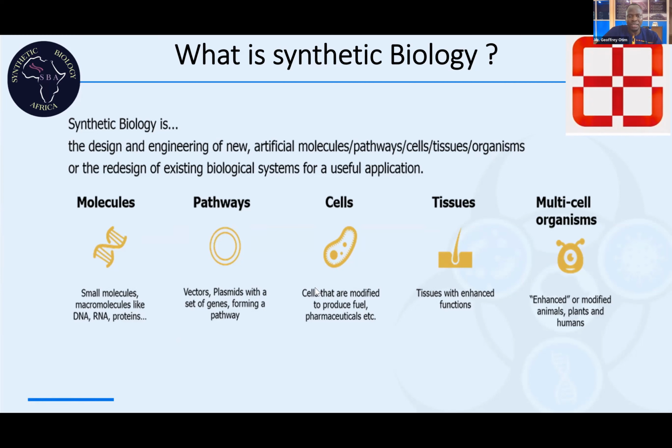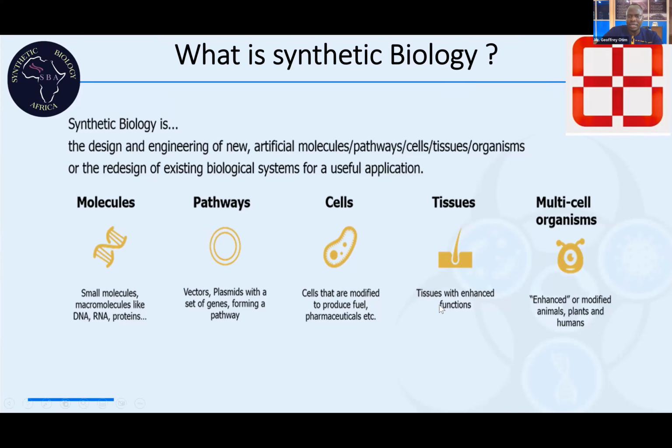And of course, we have the cells that are modified based on the design that you created first. The cells can be modified to produce biofuels, and also to produce some pharmaceutical products. But the process takes quite some time using well-defined protocols.